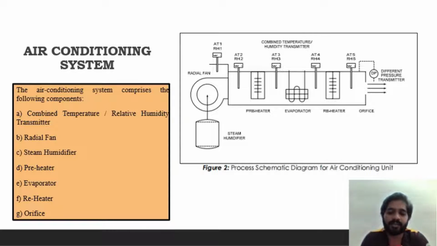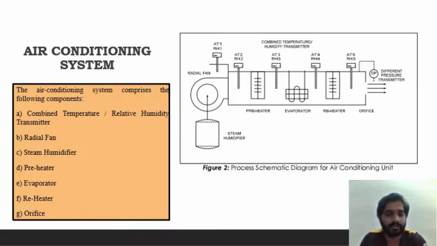In this section, we see the types of assemblies or units that we use to conduct this experiment. The first is the air conditioning system, shown here together with its schematic diagram.